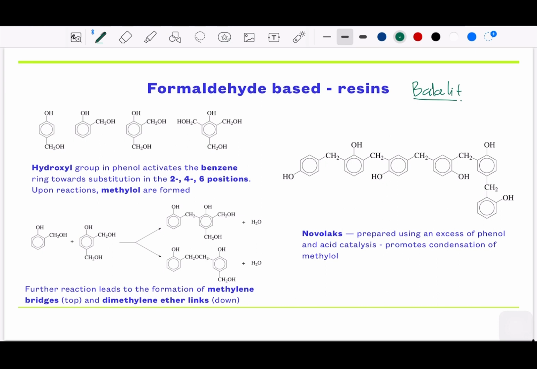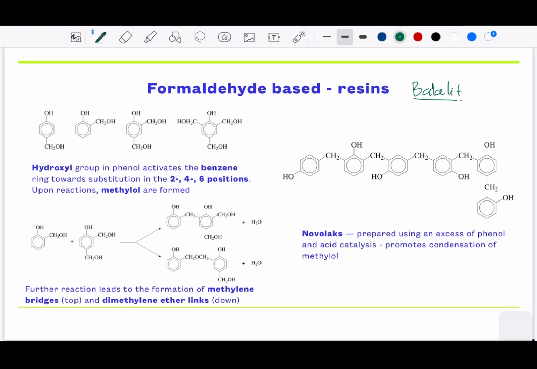And then upon reactions, we will see the methanol, the methyl and the alcohol.